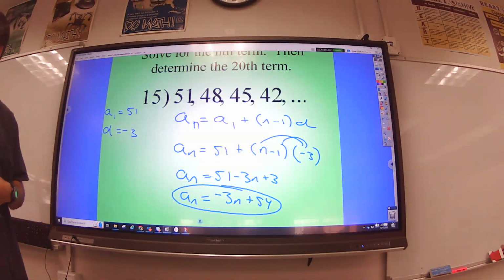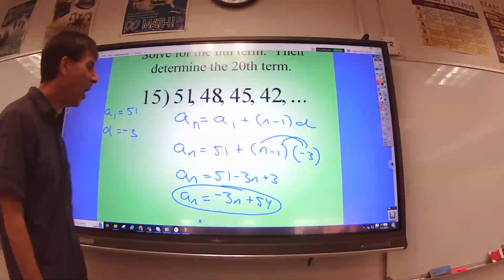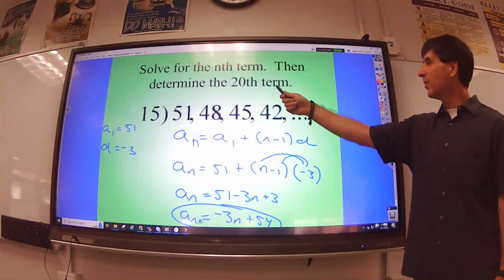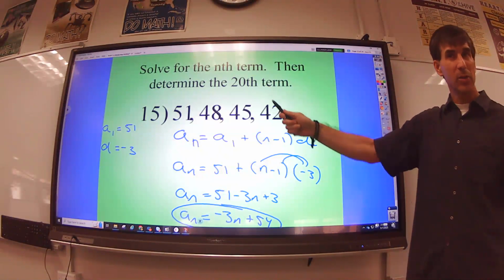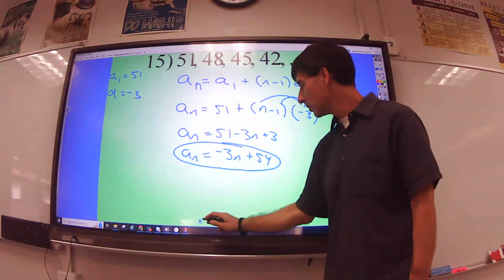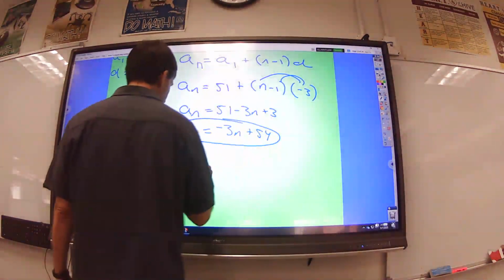You guys get that? All right. Good. Oh. We have to identify the 20th term. So how do you do that? You guys know? Well, you plug in 20 for n.